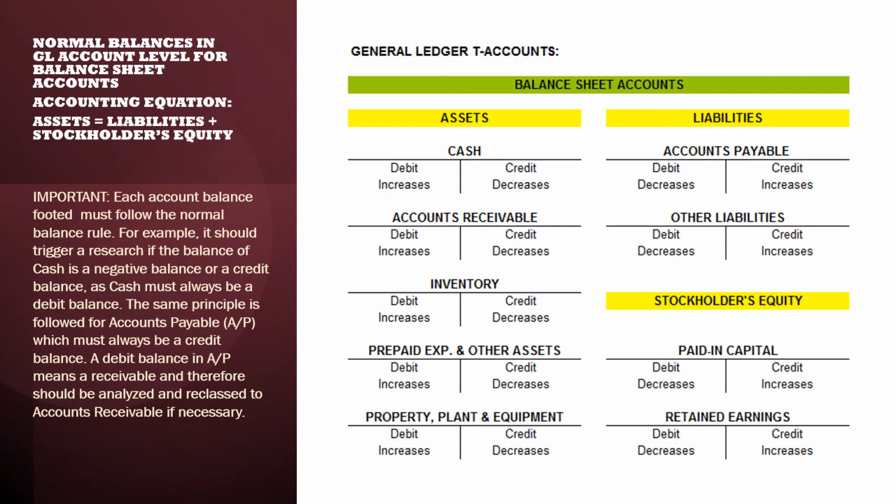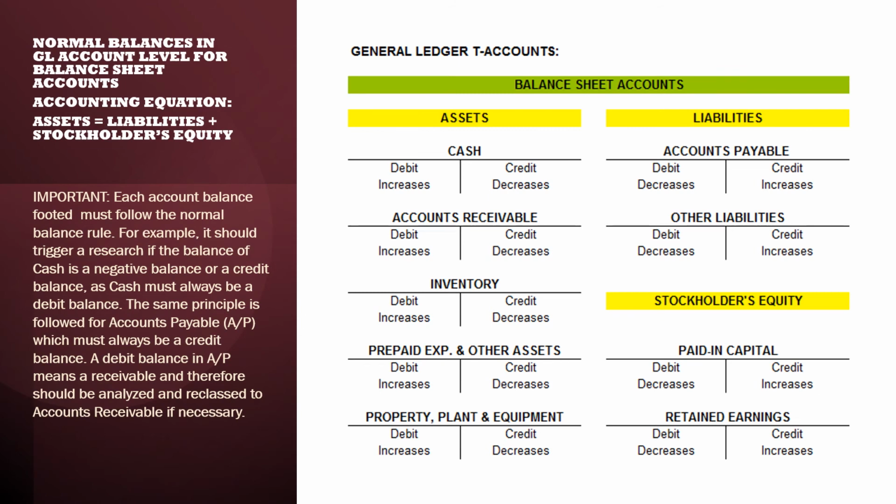So it can never be a credit balance. If it's a credit balance, that should trigger an analysis and research. And whatever that credit balance is should then be reclassed to a liability account. It could be accounts payable, it could be other liabilities, depending on the reason why there was a credit balance in accounts receivable.